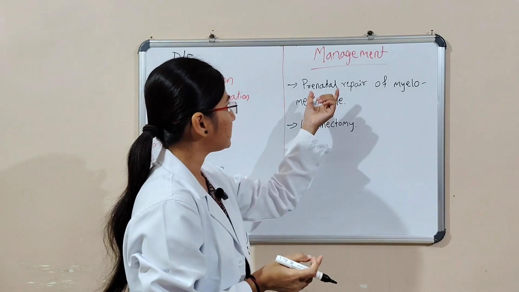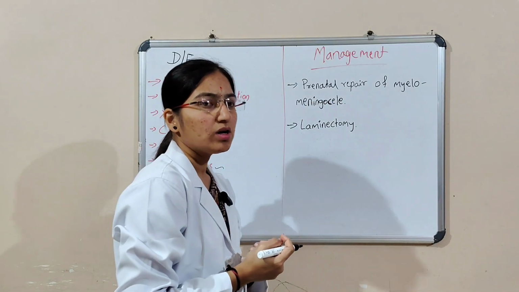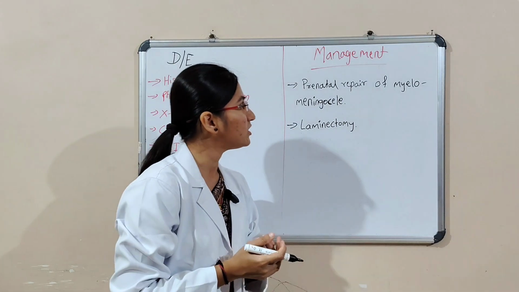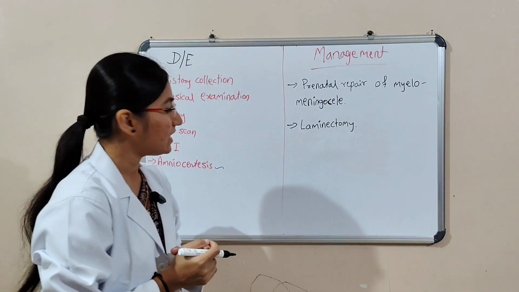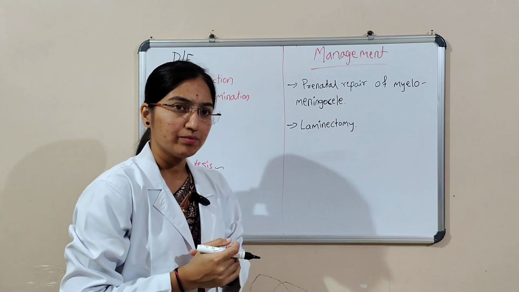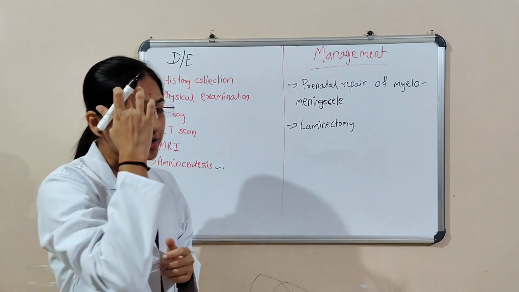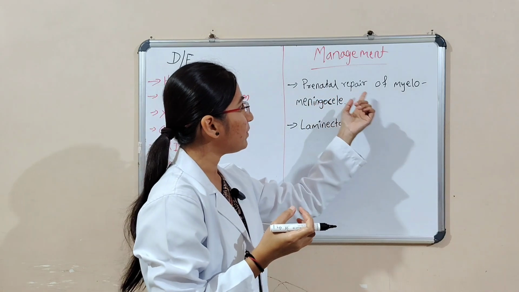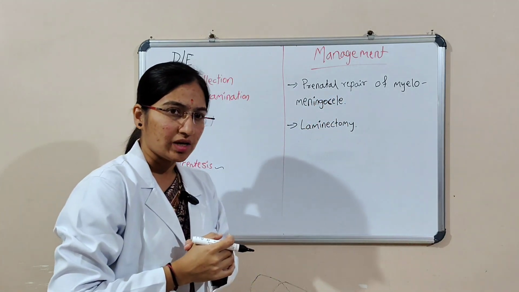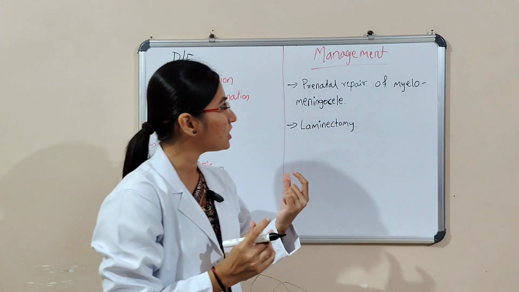Here, in the medical management, symptomatic treatment can be given, and then physiotherapy if needed. And the next main management is surgical management, that is prenatal repair of myelomeningocele. Here a fetal surgeon is there.